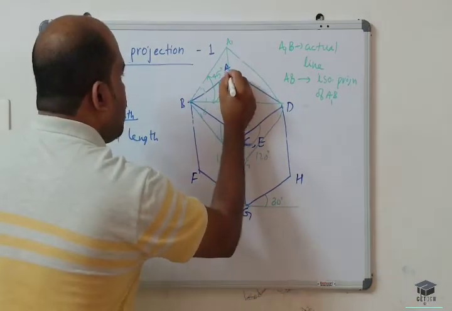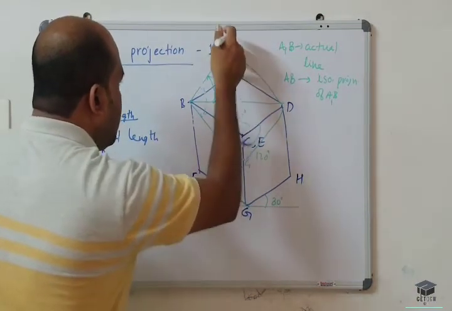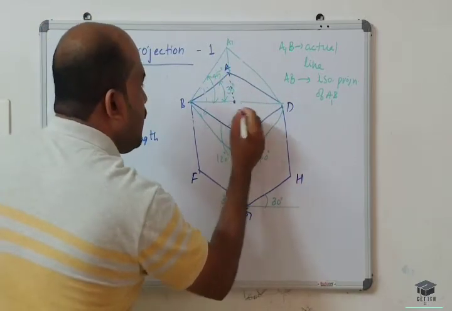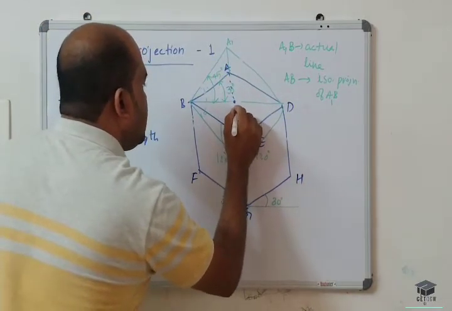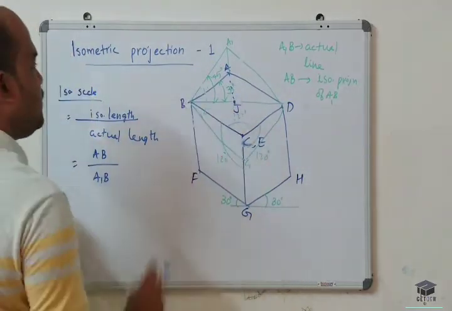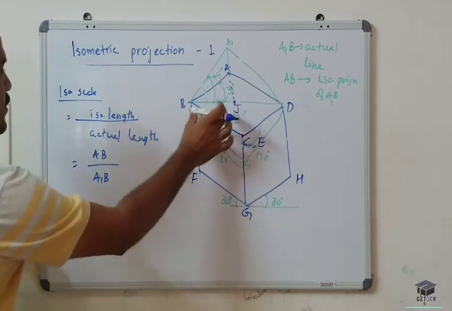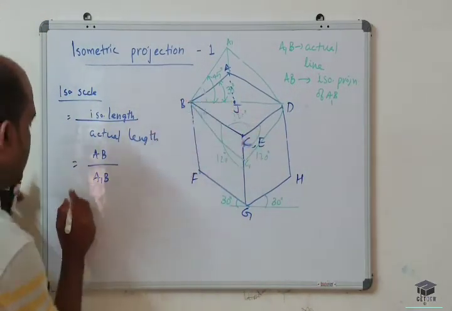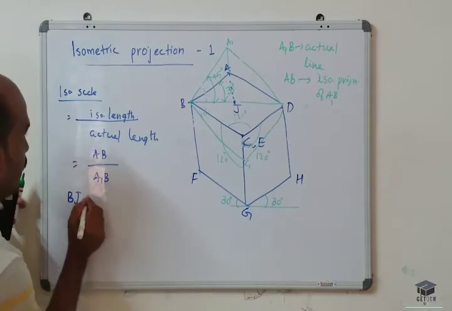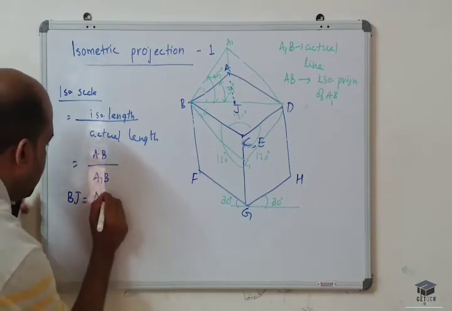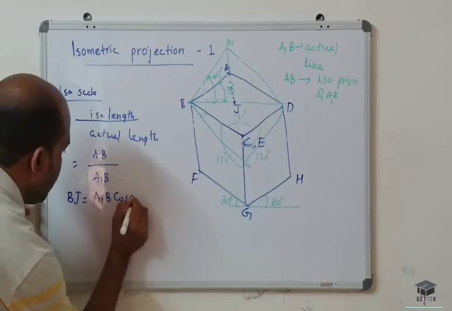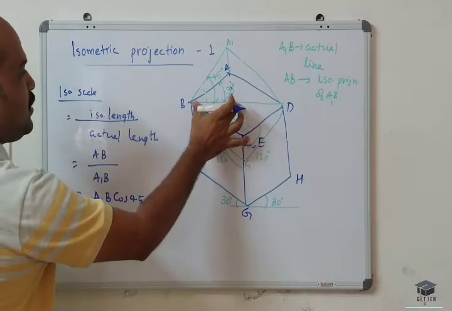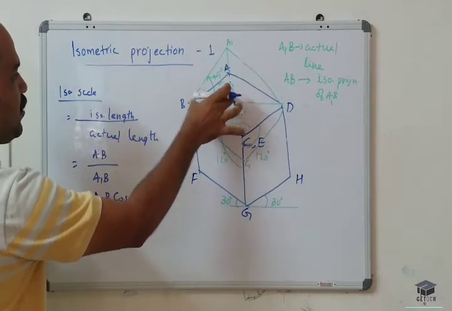Now, for convenience, we can extend the line and mark a point, say J. So we can see that BJ is equal to A1B cos 45.